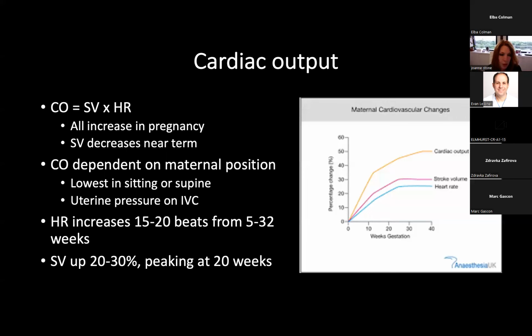So it's lowest in the sitting or supine position, and the uterine pressure on the IVC really can change that cardiac output. The heart rate tends to increase by about 15 to 20 beats per minute from 5 weeks up until 32 weeks. And the stroke volume, again, increases up to 20 to 30%, peaking at around 20 weeks of gestation.